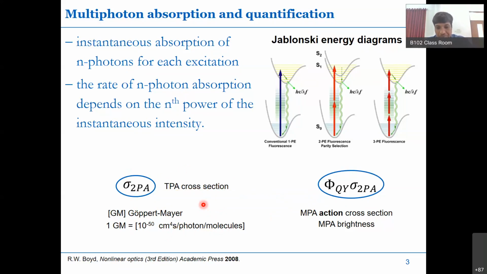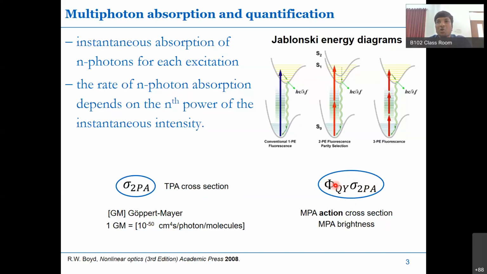But in practical terms, the two-photon absorption cross section is not that valuable. Most often, a material with a very good absorption cross section is tricky to obtain, and secondly, it's not that applicable. So most people like us always use the MPA brightness, multiphoton absorption action cross section, or simply brightness, which is the multiplication of the absorption cross section and the quantum yield of the material.